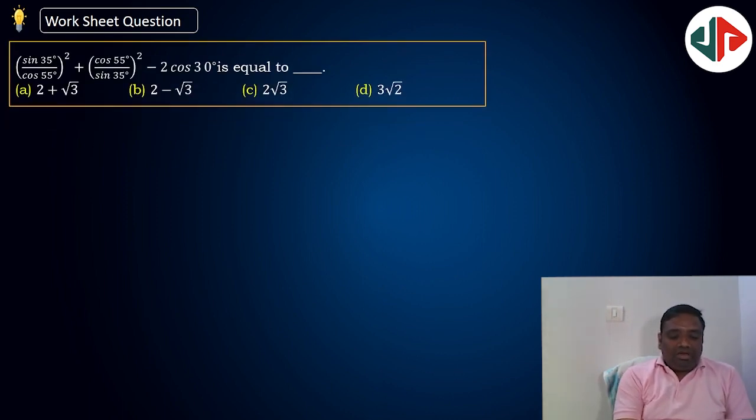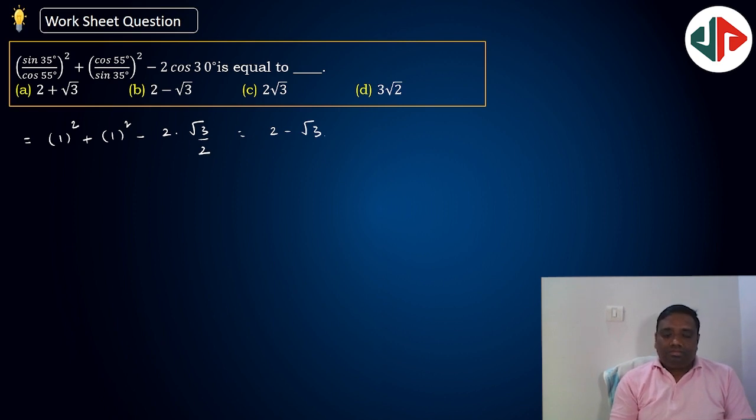The third one, I think this is a direct question. Here 35 and 55 degrees are complementary angles. So definitely this value is nothing but 1 whole square, and cos 55 by sin 35 is also 1, minus 2 into cos of 30 degrees, root 3 by 2. So your answer is 2 minus 1. Sir, how did you get that? Here sin 35 degrees by cos 55 degrees, what can I write?